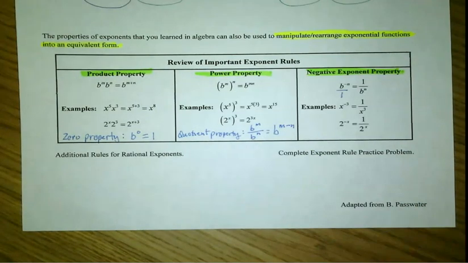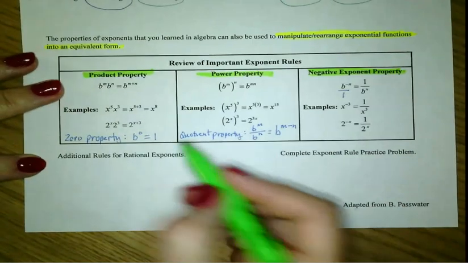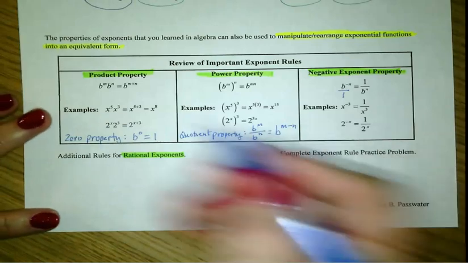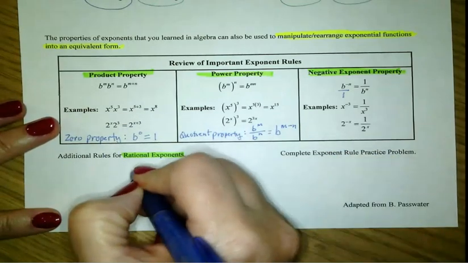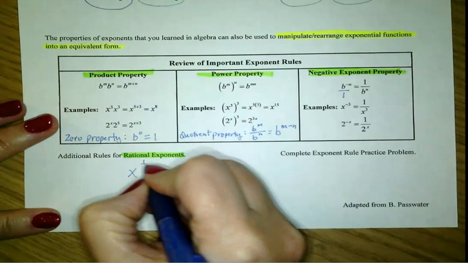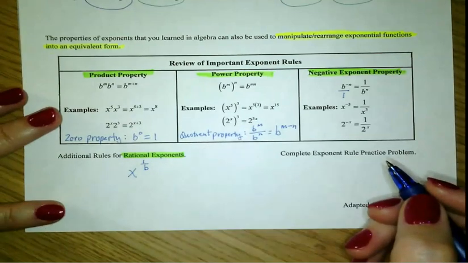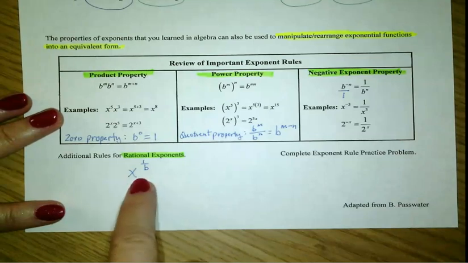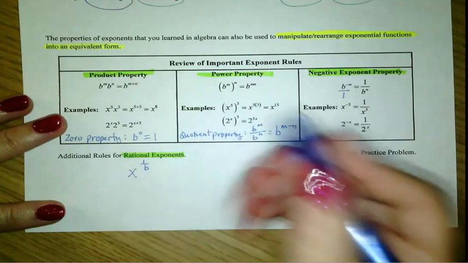All right, then there are some other properties that I want to go over, and that's the rational exponents. Sometimes our answer is in rational exponent form, sometimes it's not, and sometimes it's in radical form. So the first one is if it's x to the 1 over b. You all know that, and we've practiced that because this is one way you could enter a radical into the calculator and save having to go to the math menu to find it.